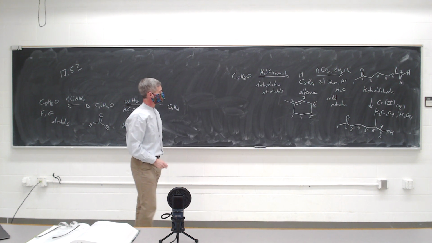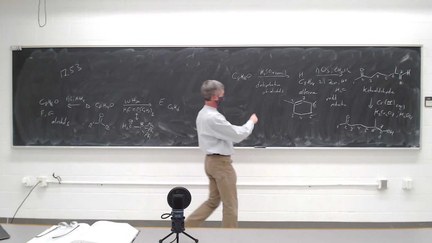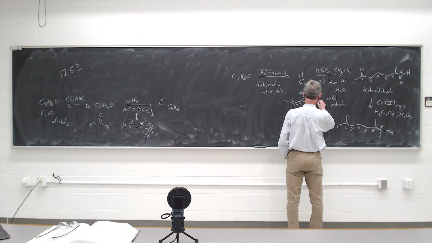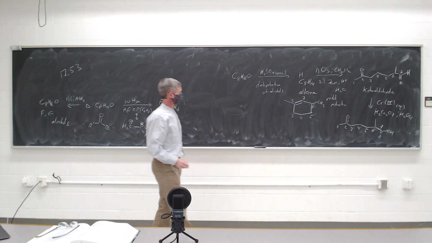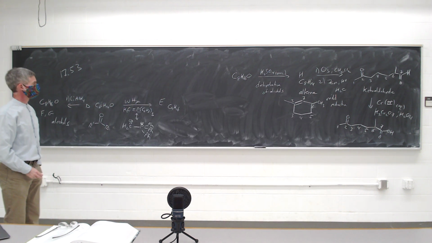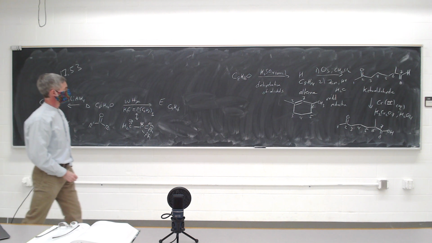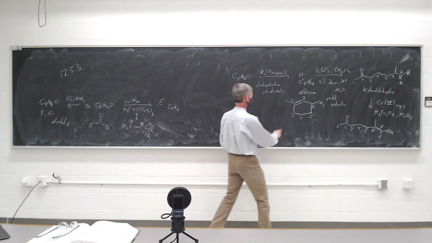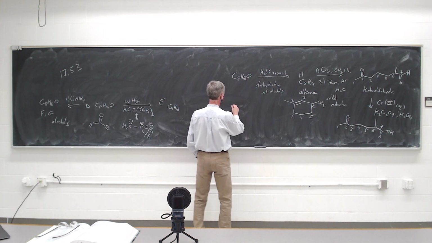So carbon 2 has a methyl group off it, and carbon 6 has a methyl group off it. Just one alkene. So that dehydration product probably came from this.